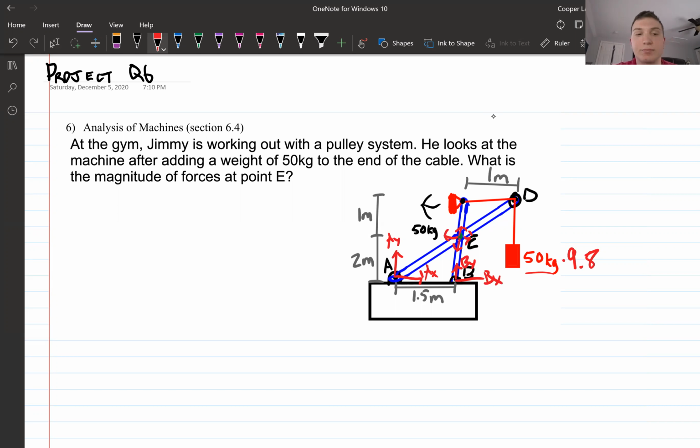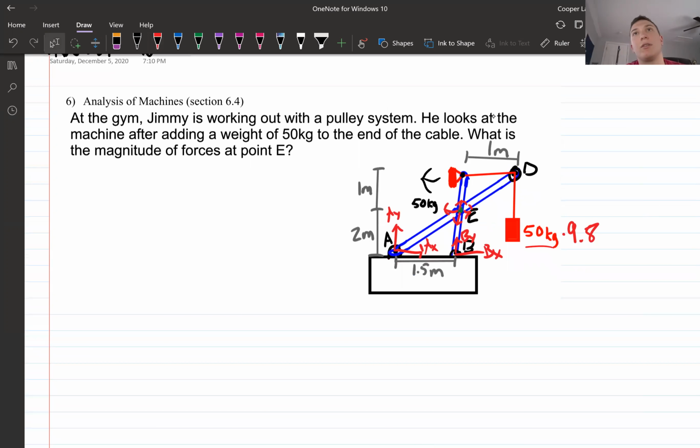Now from here, I'm going to be solving for E, and what I think I want to do is break this machine apart by its different sections and parts. First things first, why don't we break it up some?